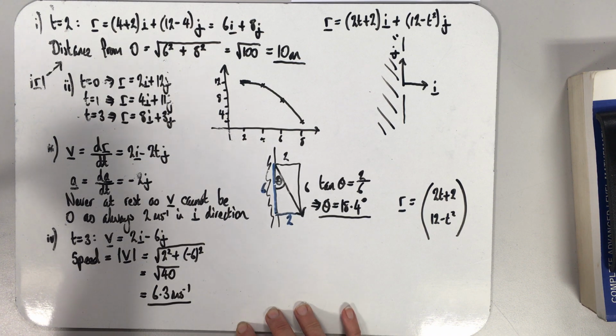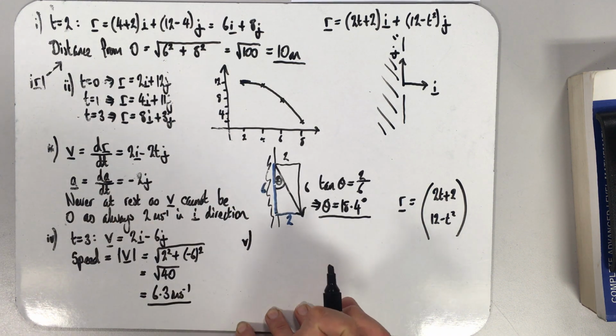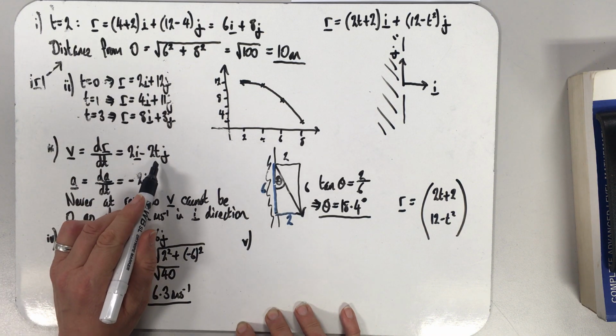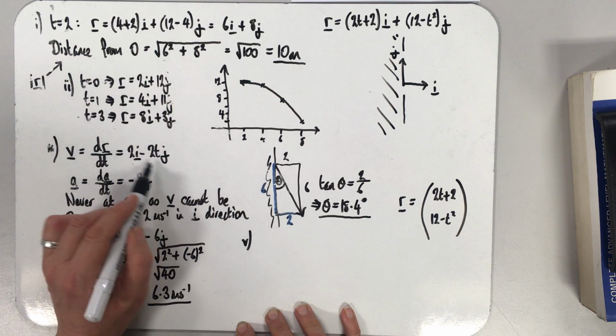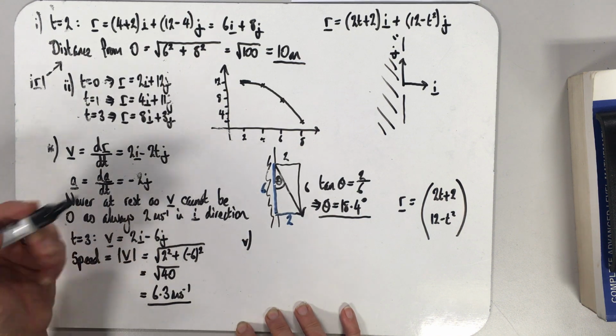And then the last part, 5, suggests why this model for the motion of the speedboat is unrealistic for large t. I think the easiest thing to do here is to go into velocity. For large t, you're going to have an unbounded velocity. It's just going to be getting quicker and quicker, which isn't realistic.